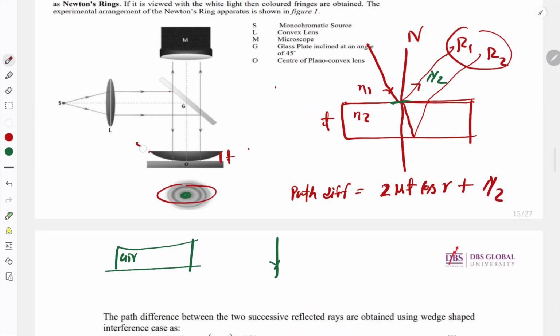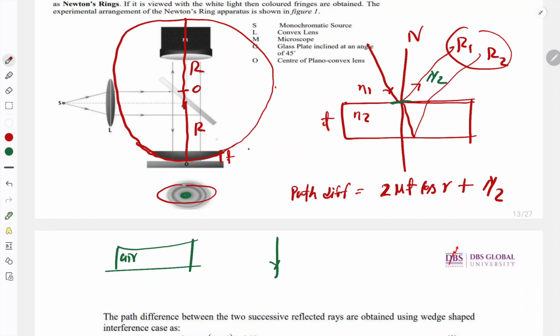Now we take this curved surface, and if we complete this sphere or circle, the radius of curvature of this surface is R. This is the center O. The distance from here to here is R, and this is R, so this is the diameter of the circle. We complete the circle and get the diameter 2R. Also this line is behaving as a chord.